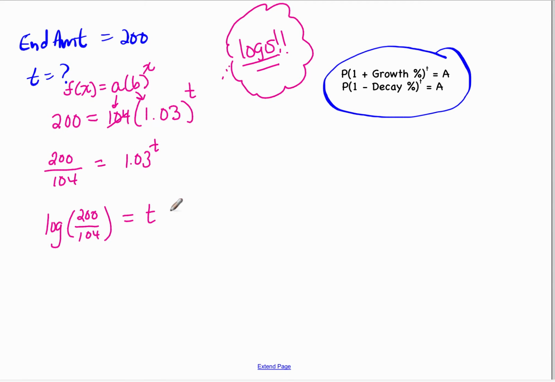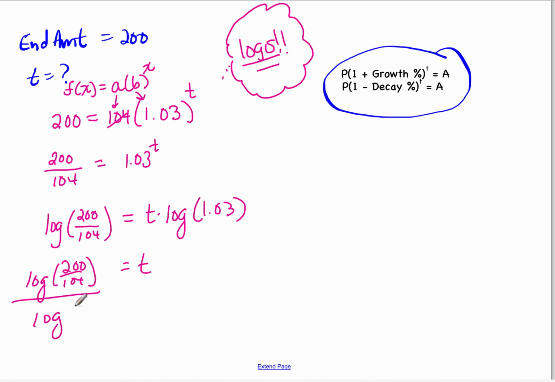That t is no longer powerful, it falls down, and the exponents of the other side. Still, the t, the time, is not isolated, so I get that by dividing. And that is what I put into the calculator.